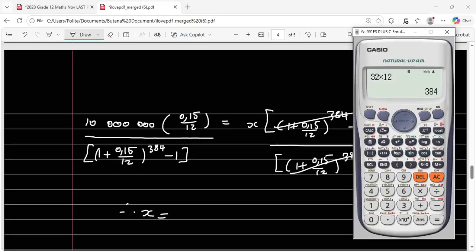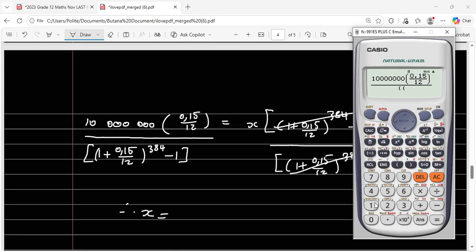So let's go and put that. I know this is a mess, but look at what I'm going to do. 10 million, and then open the bracket. This is multiplied by 0.15 over 12. Then close the bracket. You see, easy. Everything on the bracket. Open the big bracket.